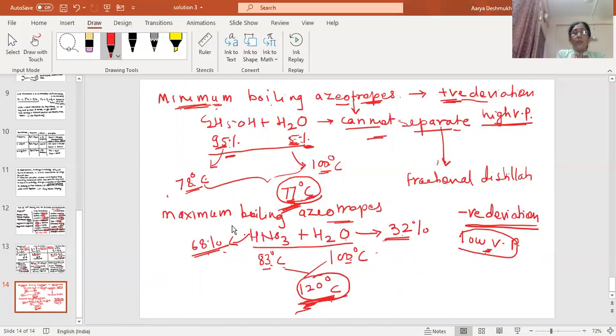So such mixtures are called maximum boiling azeotropes. It means there is an increase in the boiling point from their original ones when they are mixed together.